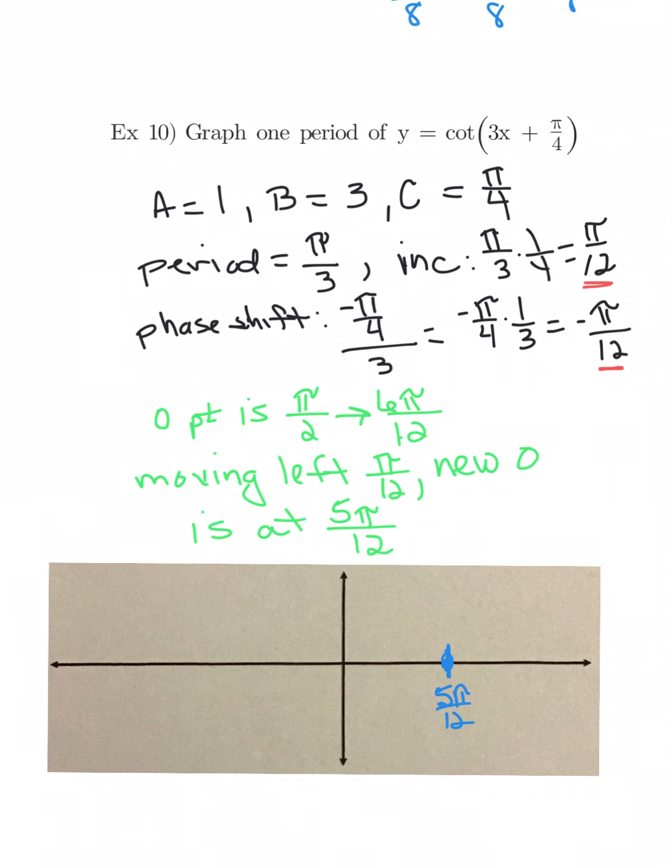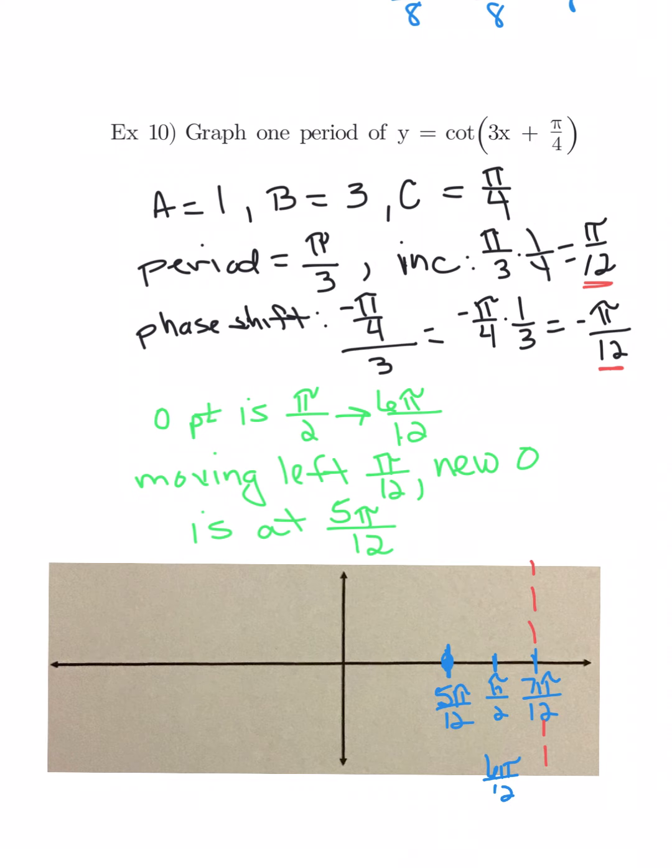We need 2 values each direction from that. Remember, we are counting by pi over 12s. So 1 to the right will put us at 6 pi over 12, which is pi over 2. And the second one to the right will put us at 7 pi over 12. And that second one is our asymptote.